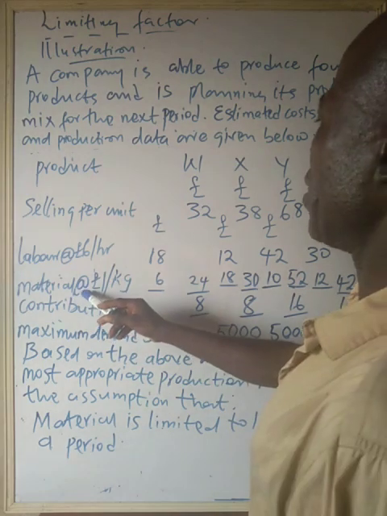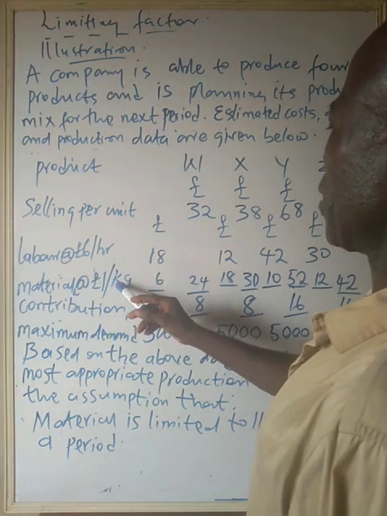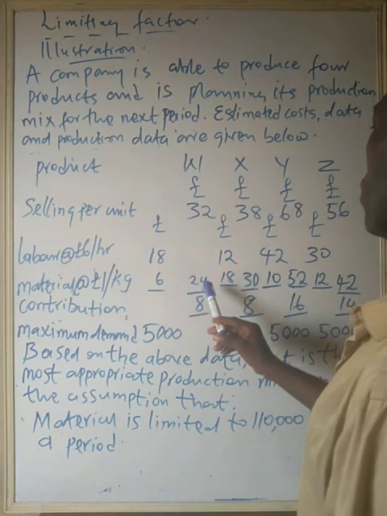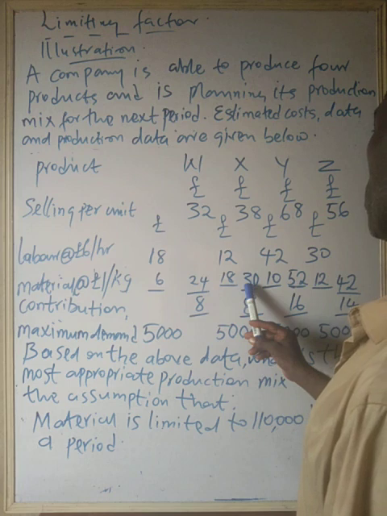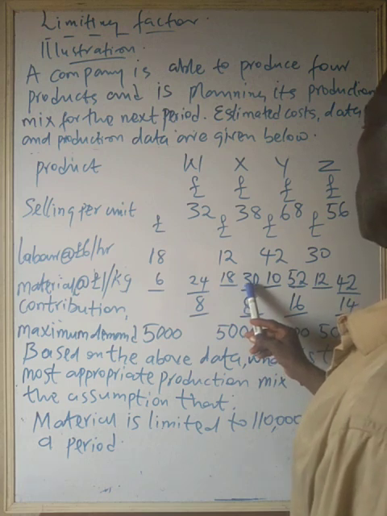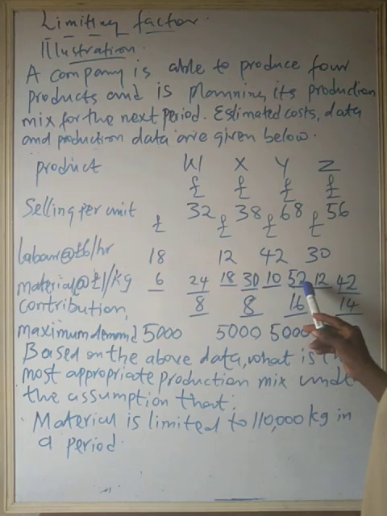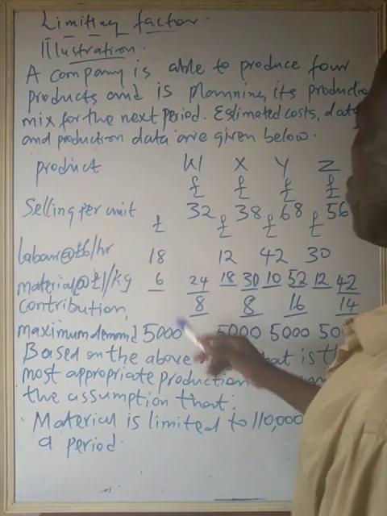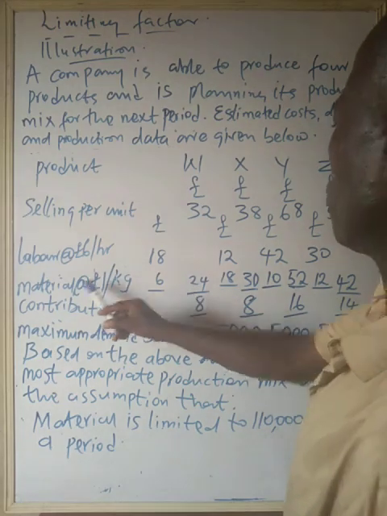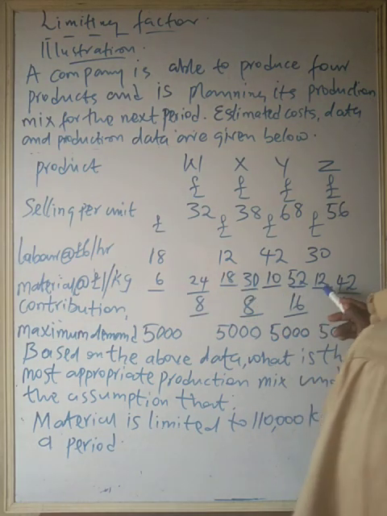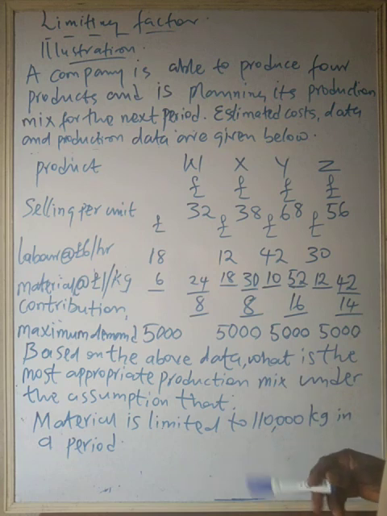And material at 1 pound per kg: 6 pounds, 6 pounds, 30 pounds, 6 pounds for material, 18 pounds, 10 pounds, and 12 pounds.